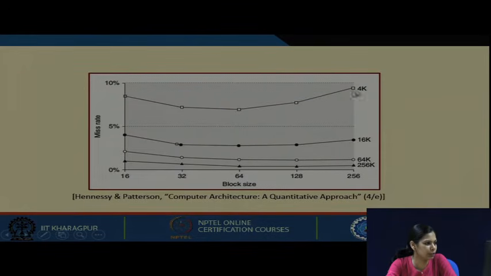When the block size is small, the miss rate decreases, but after a certain point the miss rate increases again. Whereas if you have a larger cache size, you can see that the miss rate decreases and there is an increase, but not so much. So having a larger block size can sometimes help in reducing the miss rate.